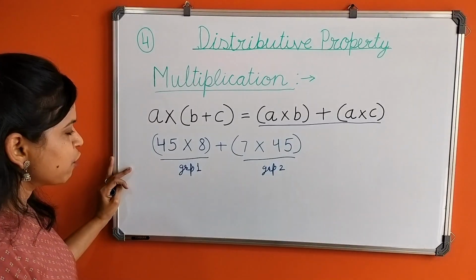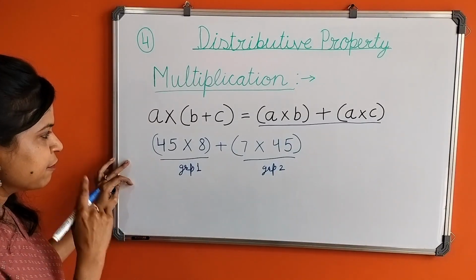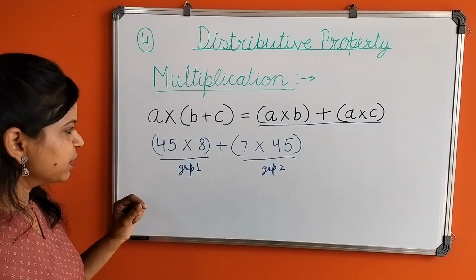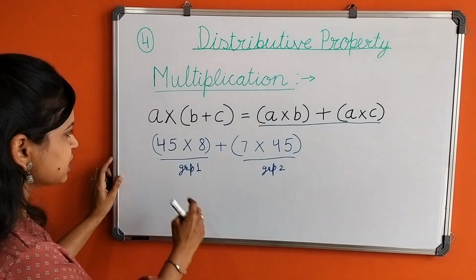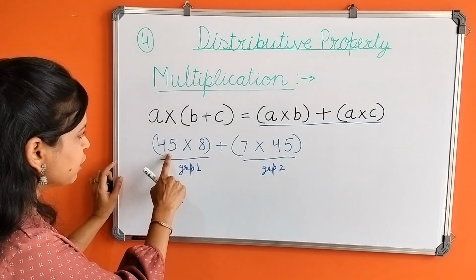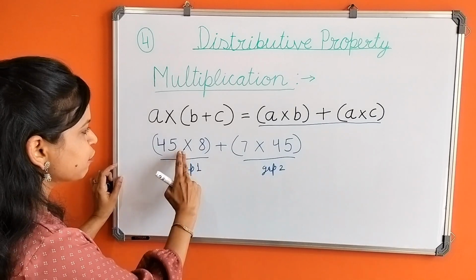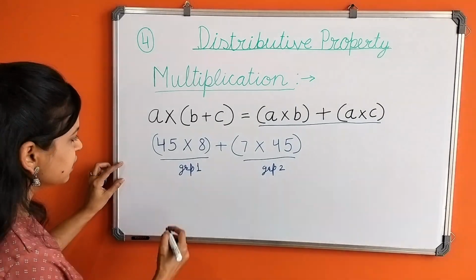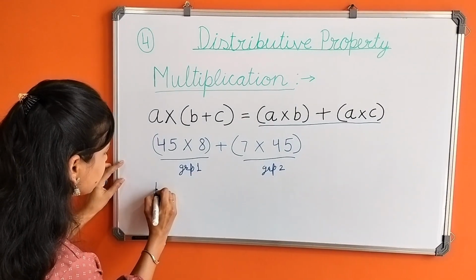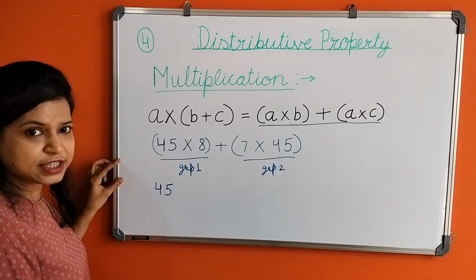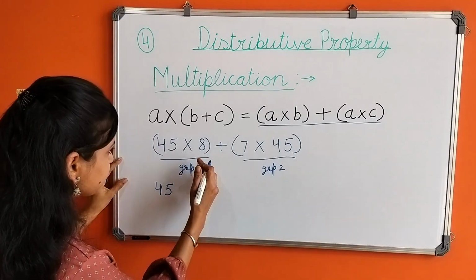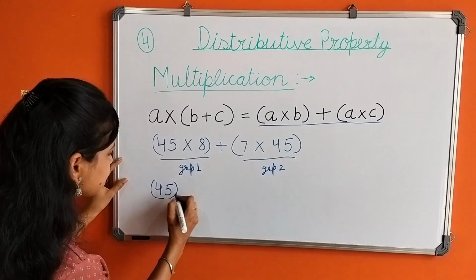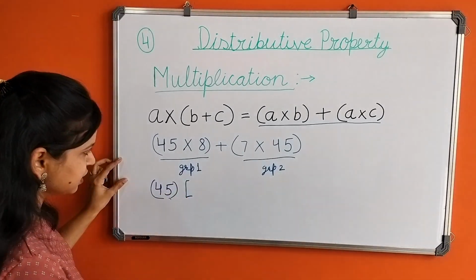So to solve it, we will find the common number from both groups. You can see which is the common number: 45, 8 and 7, 45. From these two groups, 45 is common in both. So we will take out this 45 and the remaining things will be in another bracket. This is getting multiplied with the other bracket.